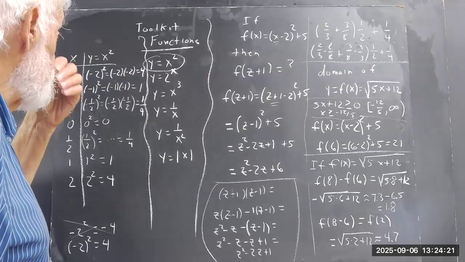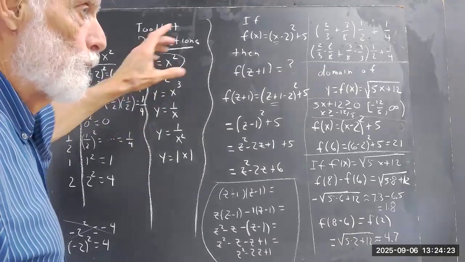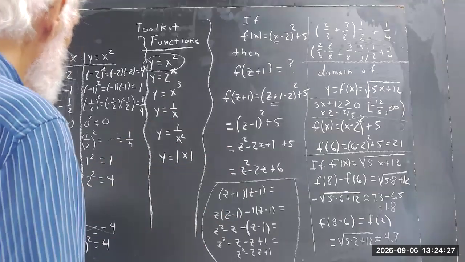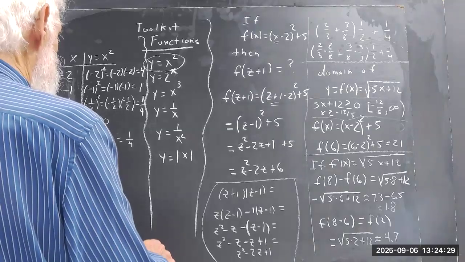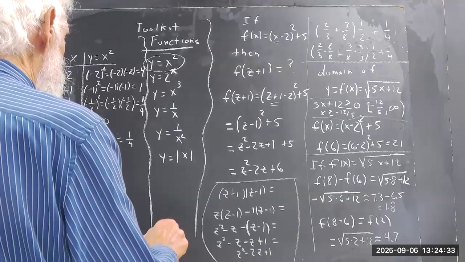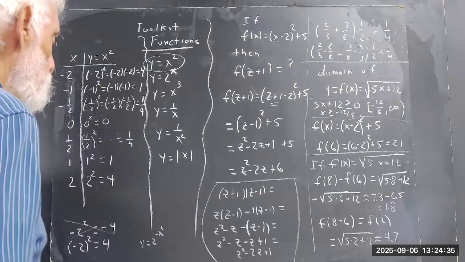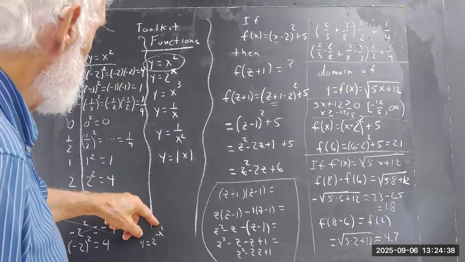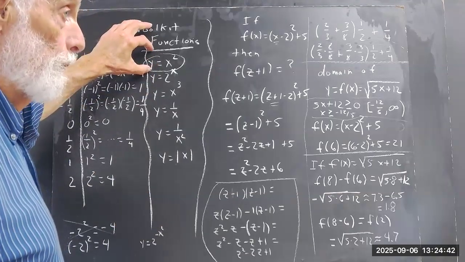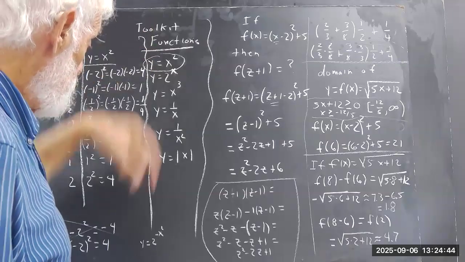Now, as you see in the course, as it goes on, these toolkit functions are used to build other functions. For example, y equals 2 raised to the -x squared combines this function with this function in a way that we're going to talk about pretty shortly, okay?